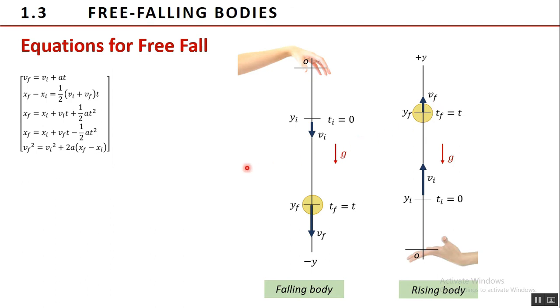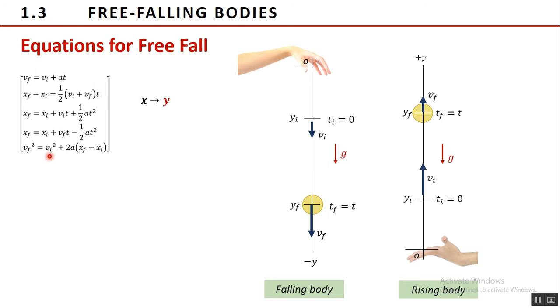Now, it's time for the equations. Since we already assumed that a free fall has constant acceleration in a small region near the Earth's surface, we can use these 5 equations for uniformly accelerated motion. You should not forget these equations. These equations are very useful in many aspects of physics, especially when we are dealing with Newton's second law of motion in the next unit.